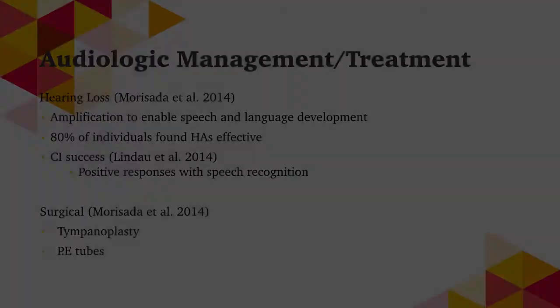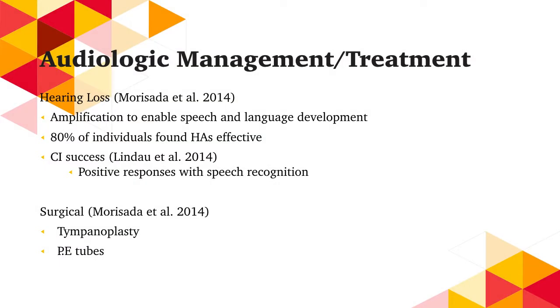The audiological treatment and management of people with BOR and hearing loss is obviously amplification to help enable speech and language development, especially in kids who are diagnosed with BOR early on. This Morisada et al. article said that 80% of people with BOR and hearing loss that they looked at found hearing aids to be highly effective.